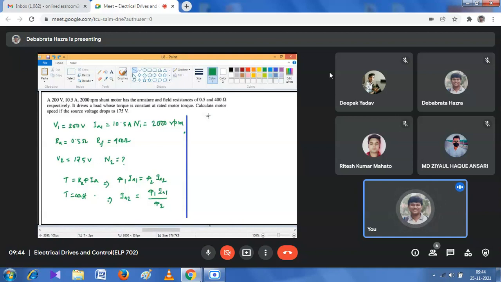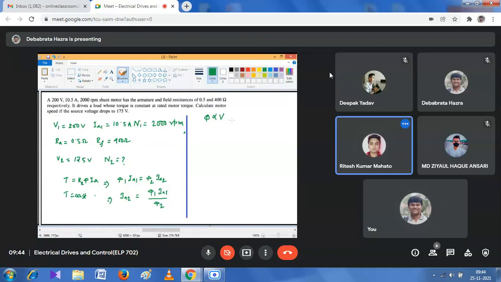Is phi proportional to the supply voltage? For a shunt motor, can we write like that?